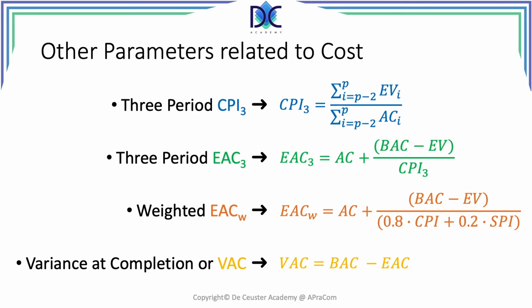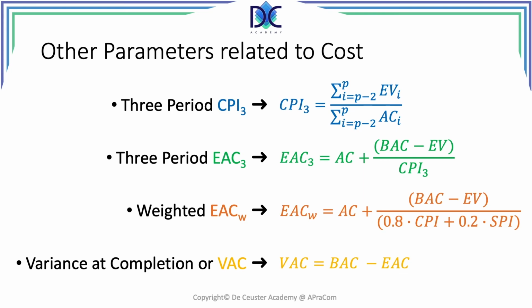There is also a weighted formula for the estimate at completion, which is calculated by multiplying the CPI with 0.8 and the SPI with 0.2. It's a weighted average of CPI and SPI, which replaces the CPI or the CSI coefficient for calculating the estimate at completion.